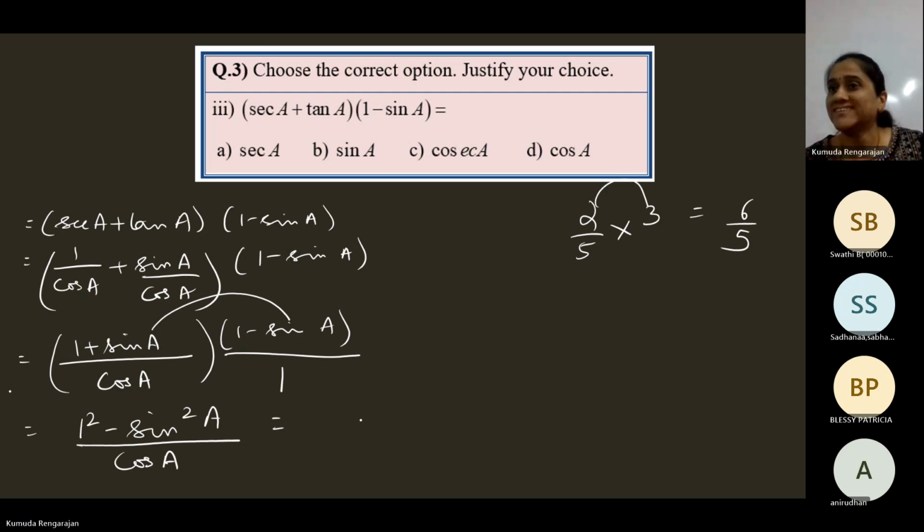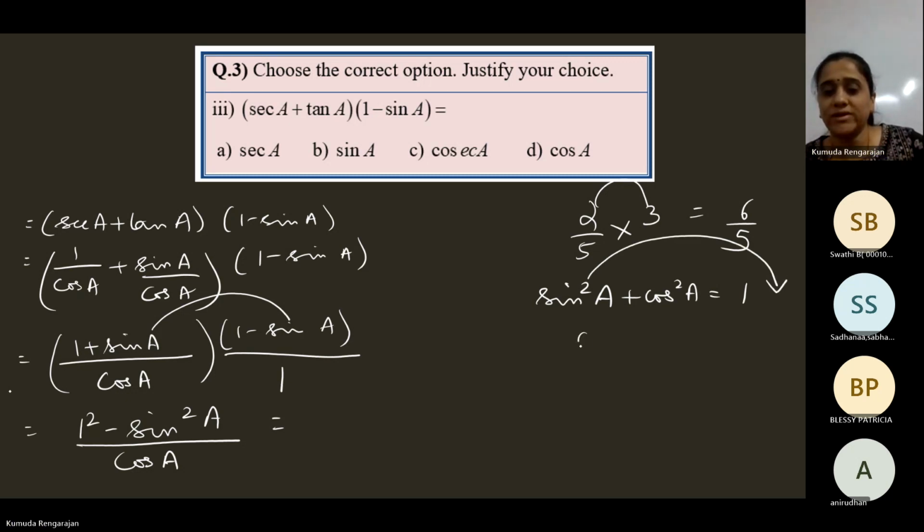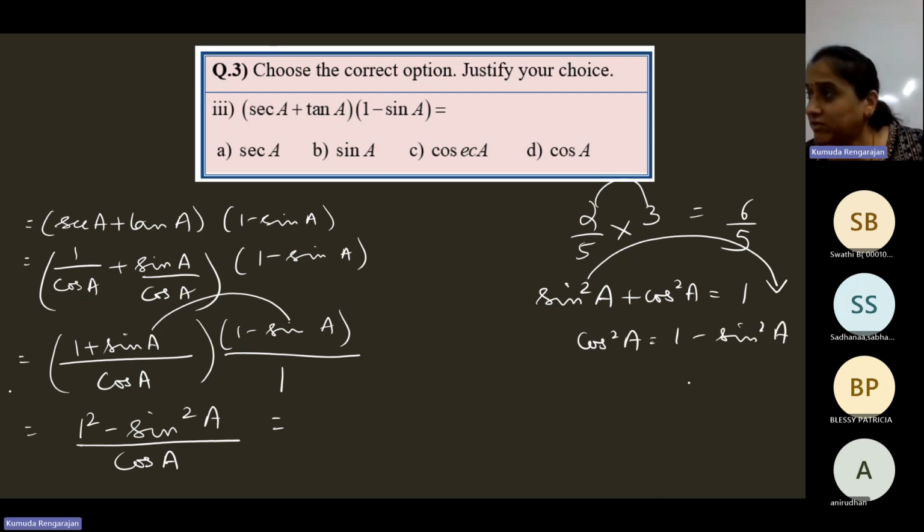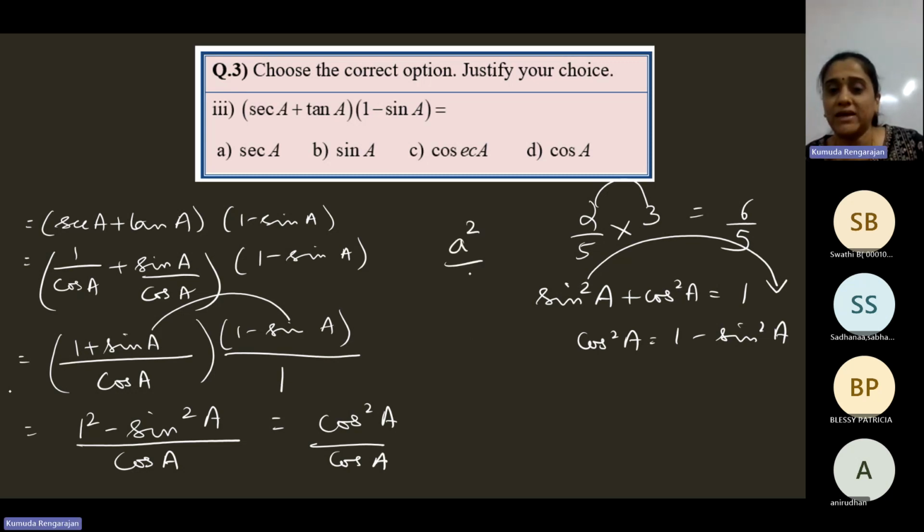Cos square A. Because sin square A plus cos square A is equal to 1, so cos square A is equal to 1 minus sin square A. So 1 minus sin square A is cos square A. Cos square A by cos A. So what is A square by A? Cos square A means cos A into cos A, by cos A. So cos A is the result.